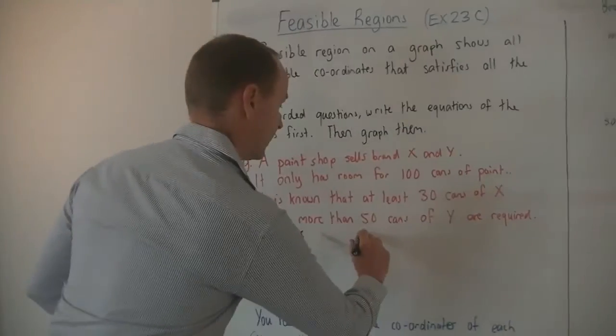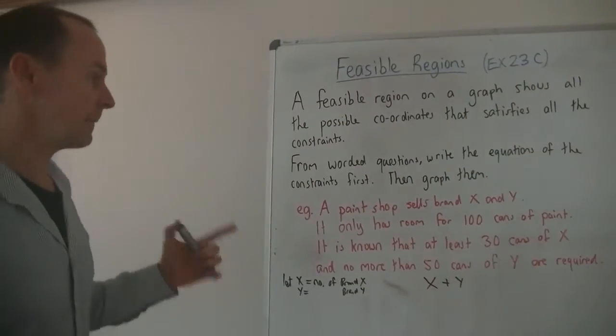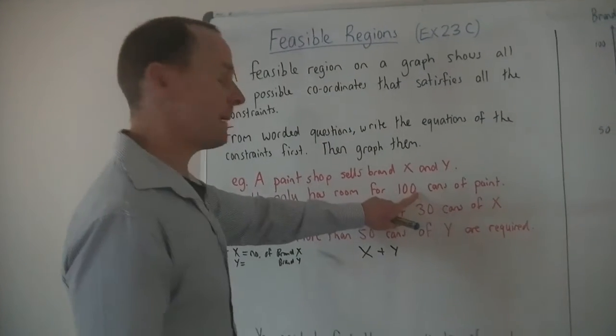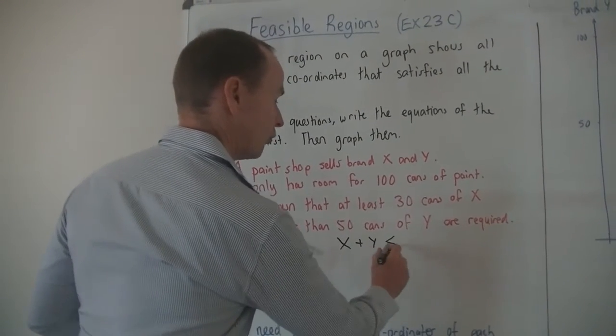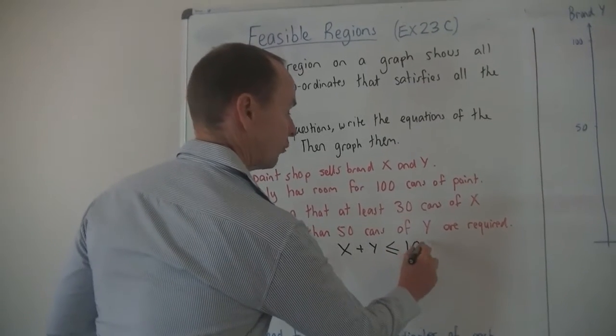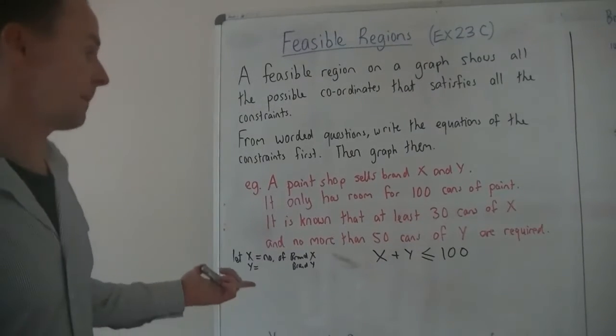So now the first one is number of X plus the number of paint of brand Y. It says there it can only be a maximum of 100. So that means it must be less than or equal to 100, because it can be equal to 100 or less than 100 because they've got room for a maximum of 100.